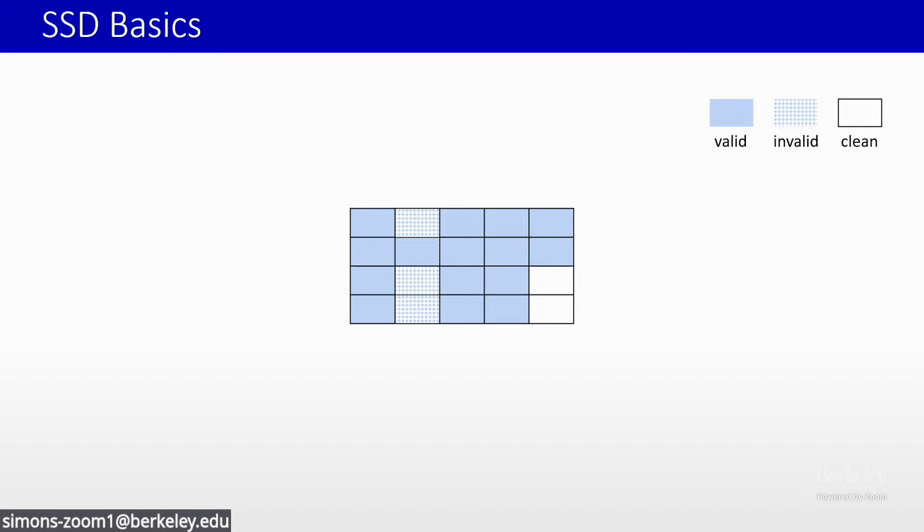So now we'll clean it, and we'll have to move that valid page into a different location in the SSD. Of course, we could use some buffer and keep it at the same location, but anyway, it would be an extra write, and this is called out-of-place writes or a rewrite.